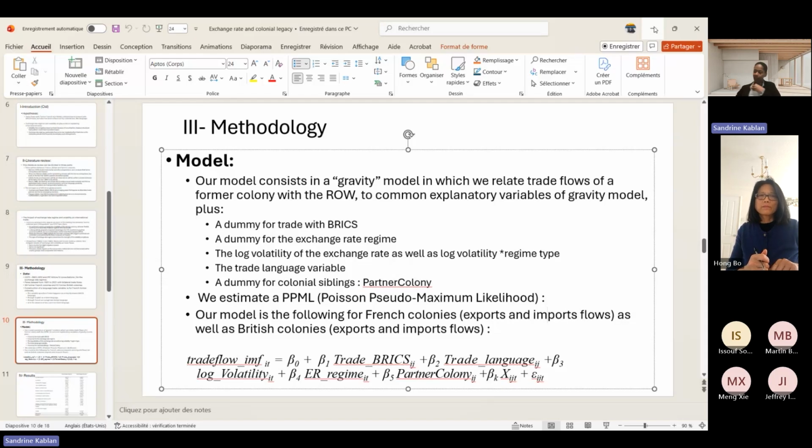And this is what I will have to say about language. There are also some interesting results.